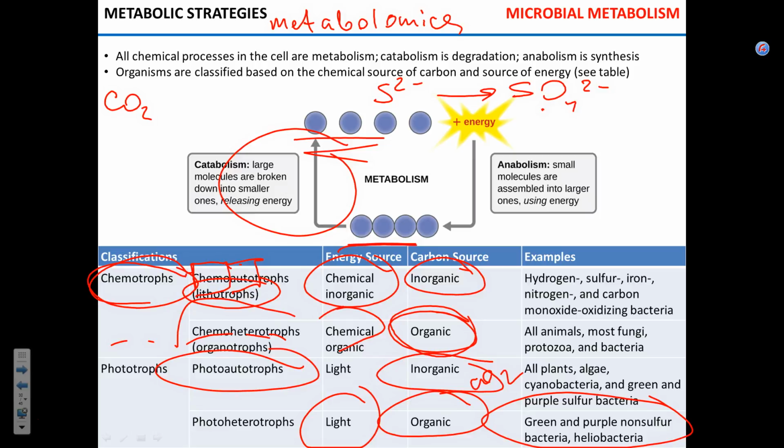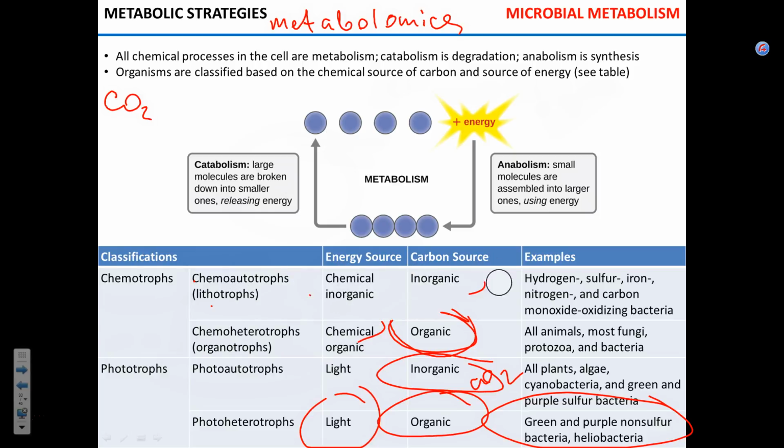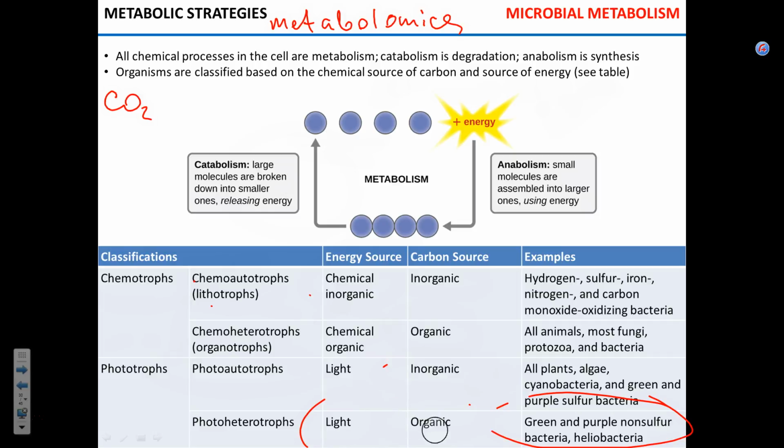Right? Now let's take a step back and take a look at what energy source means. So when we are chemoheterotrophs, and I will have to use humans as one of the examples, because it's fairly easy. Well, okay, and some fungi, let's say yeast, are chemoheterotrophs.